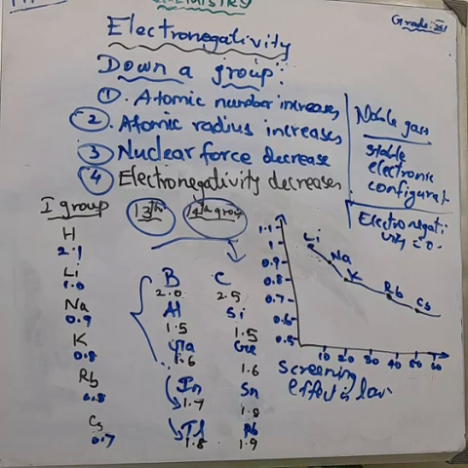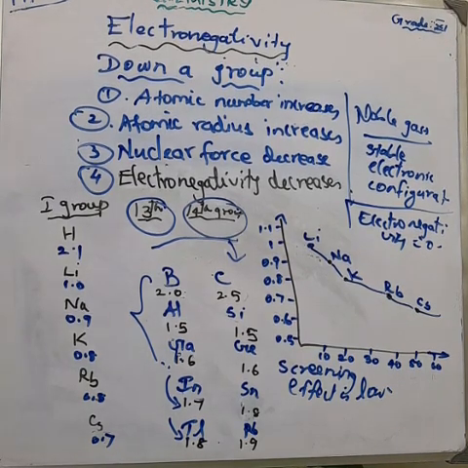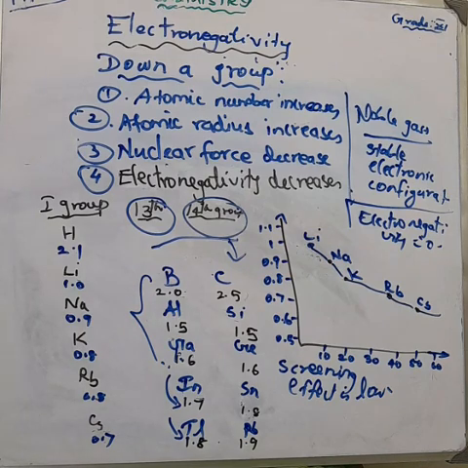So for the 13th and 14th group elements only, the electronegativity value is high compared to other p block, s block or d block elements. Understood? So these are about the variation of electronegativity along the groups. Understood?